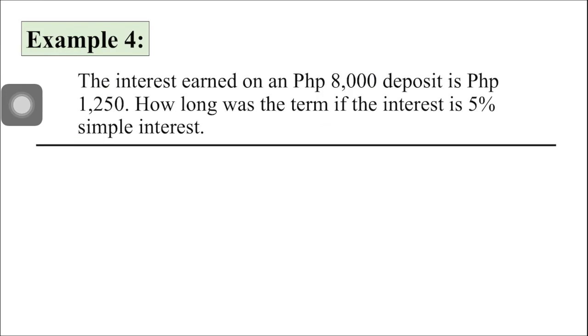Let's have another example. The interest earned on an 8,000 deposit is 1,250 pesos. How long was the term if the interest is 5% simple interest? What are the given in the question? The given are 8,000, this is the principal; the 1,250 is the interest; and your 5% is the rate.